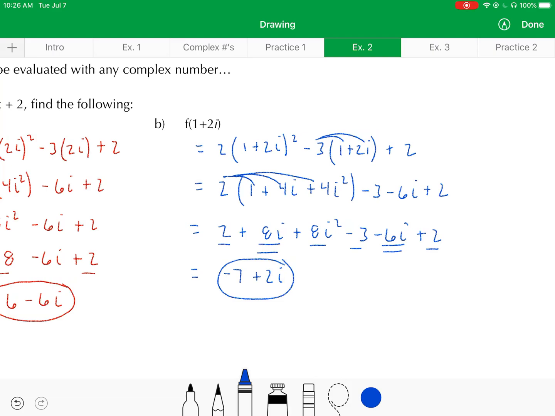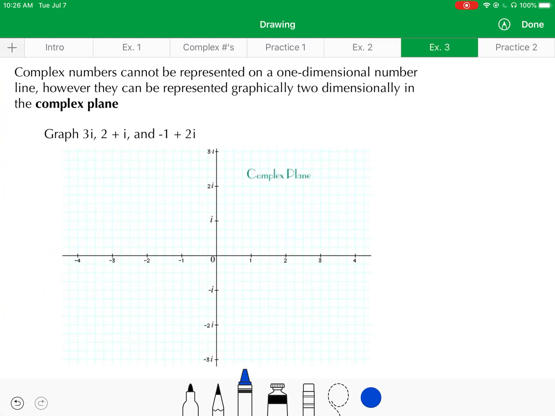Okay. All right, moving forward, this will definitely be new for the majority of us. Complex numbers can be graphed in a coordinate system, okay? So you're used to graphing in what's known as the coordinate plane that has an x-axis and a y-axis, right? Well, we also have a complex plane, okay, a complex plane.